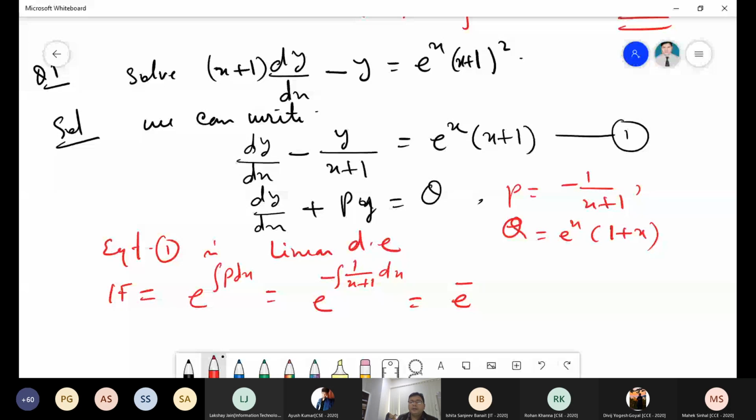So we can write it as e to the power log(x+1) to the power minus 1. What is the final value? 1 by (x+1). Is it correct now? Yes, sir. So it is the integrating factor.